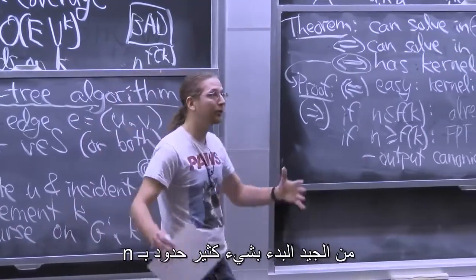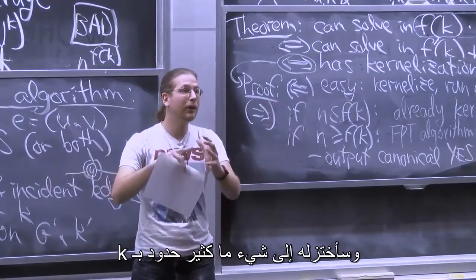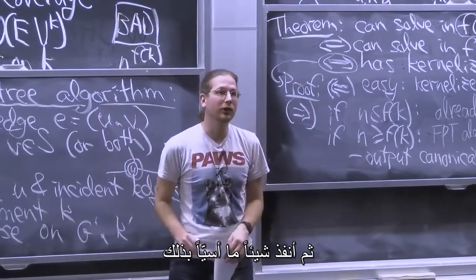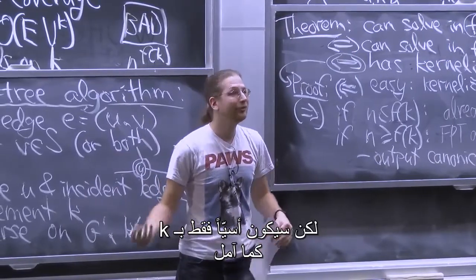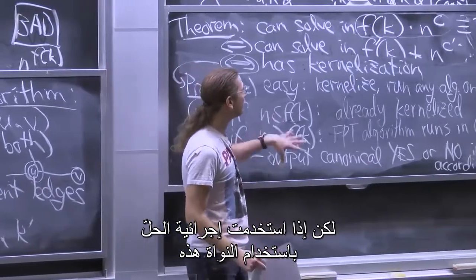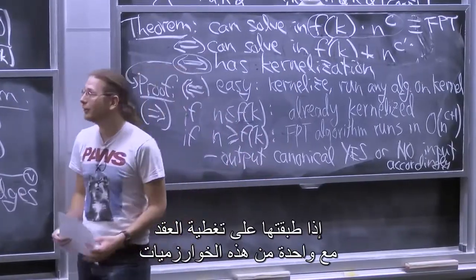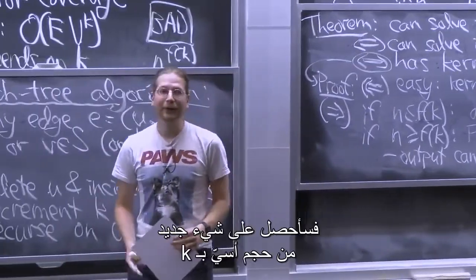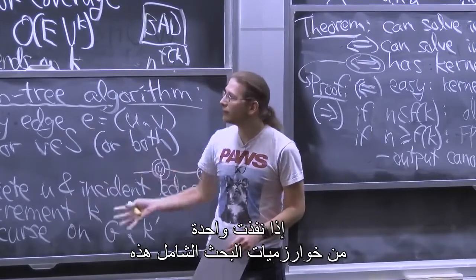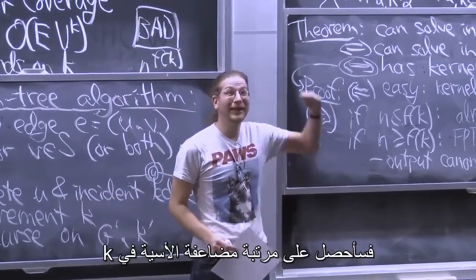It'd be nice if I start with something that's polynomial in n, and I reduce it to something that's polynomial in k, and then I run something that's exponential on that. But it will only be singly exponential in k, hopefully. Whereas if I use this kernelization procedure, if I apply it to vertex cover with one of these brute force algorithms, I'm going to get a new thing whose size is exponential in k. If I run one of these brute force algorithms, I'm going to get something that's like doubly exponential in k.